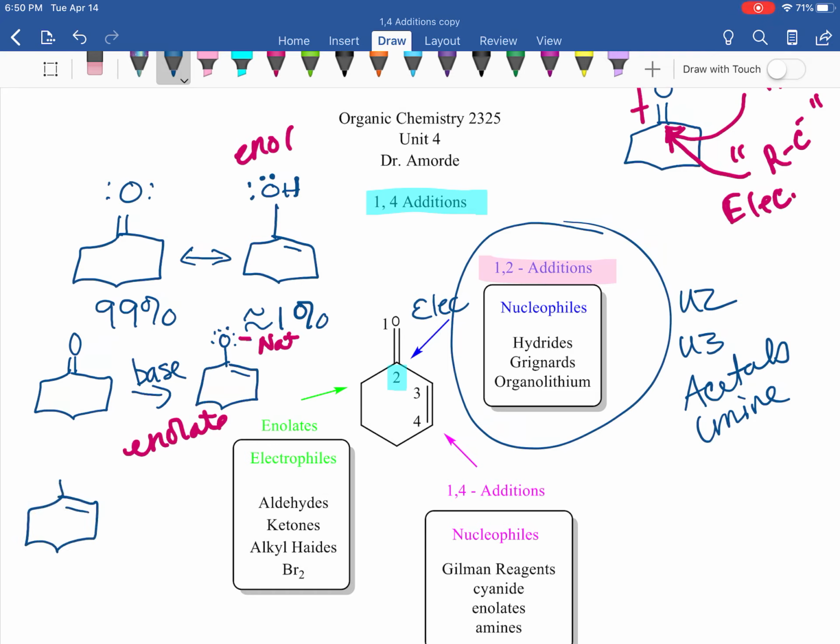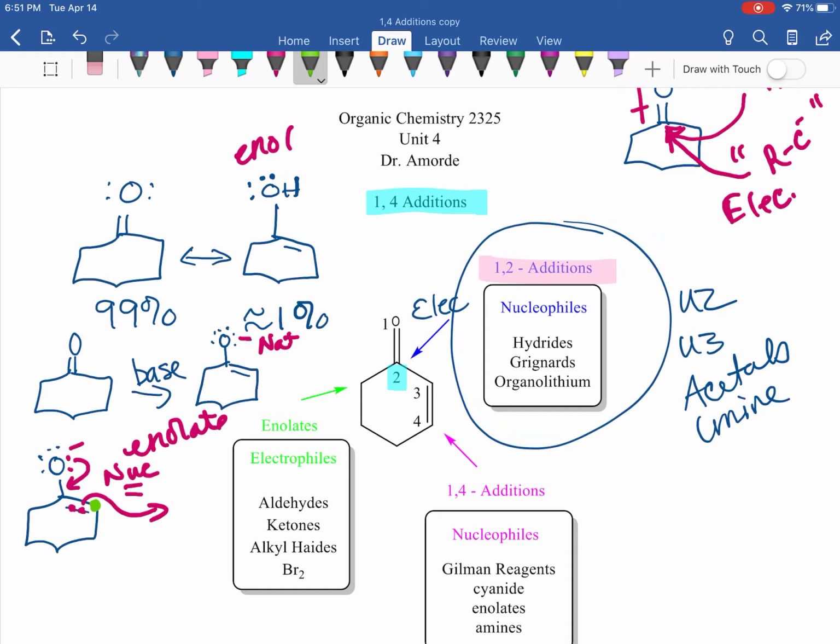And then when we formed that enolate, what happened to our reactivity? Well, now we switched reactivity, and we now are using our enolate as a nucleophile. Except where does it react? If we push our arrows, it reacts on that carbon right next door.